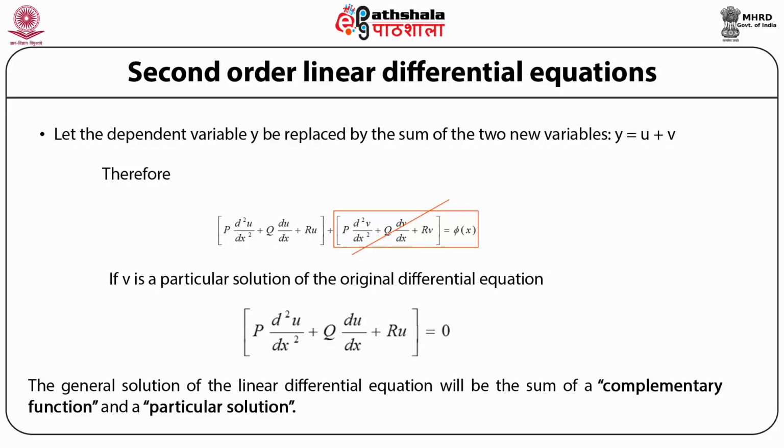We are going to assume that u is the general solution, which means we will equate it to 0, which is the ideal condition, where the function has no other connections to other forcing functions or other terms. And then we will solve v separately, where v is the only one responsible for the psi of x. So now we have two parts of the equation, and we are going to solve one at a time.